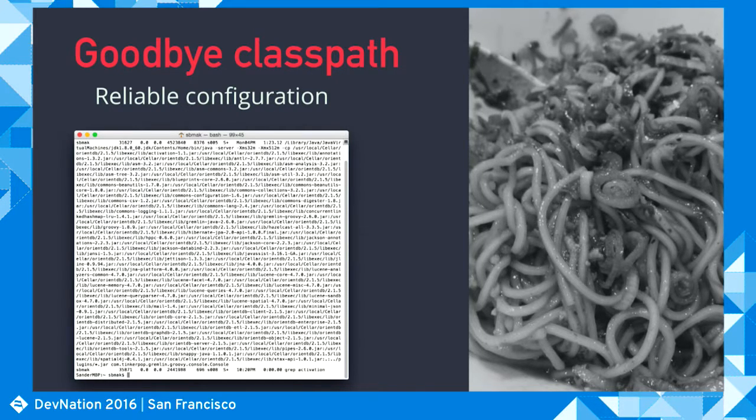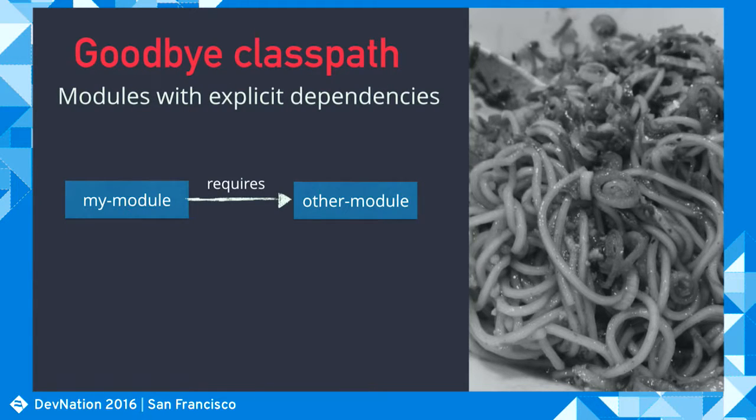So we definitely need something better than just a flat class path, and that's going to be the big change and the big game changer in Java 9. Because what we will get with Java 9 is a way to actually express modules. We can define modules, and even more important than that, we can define dependencies between modules.